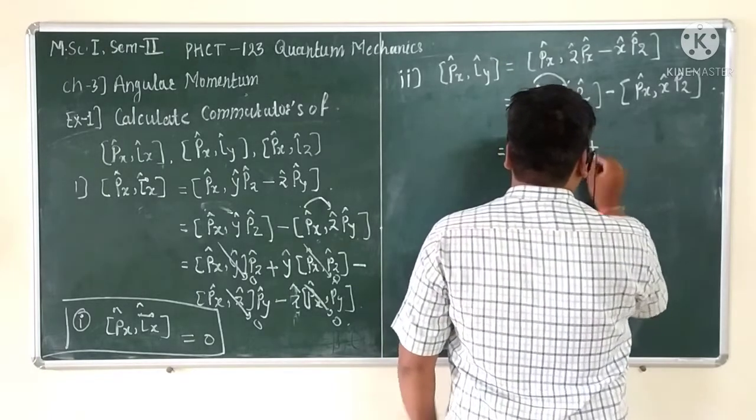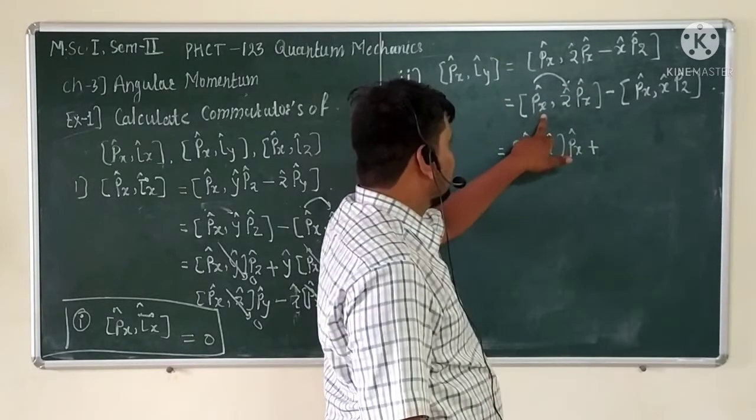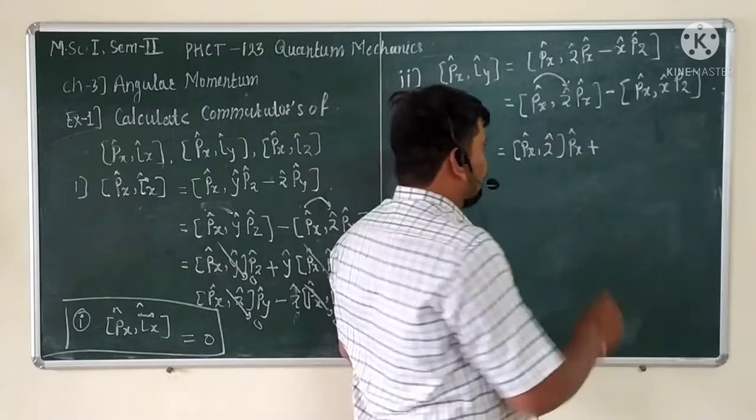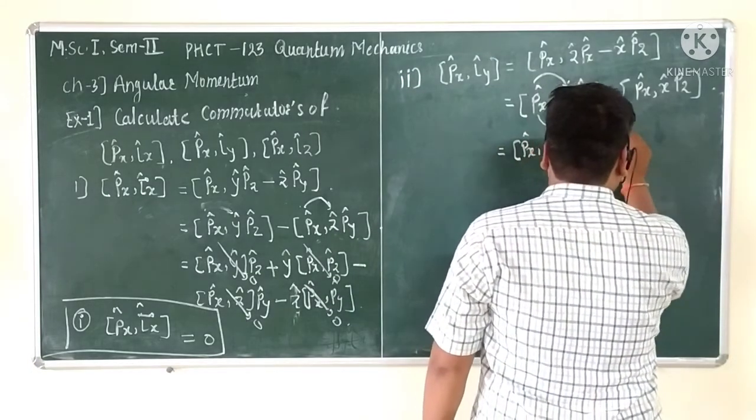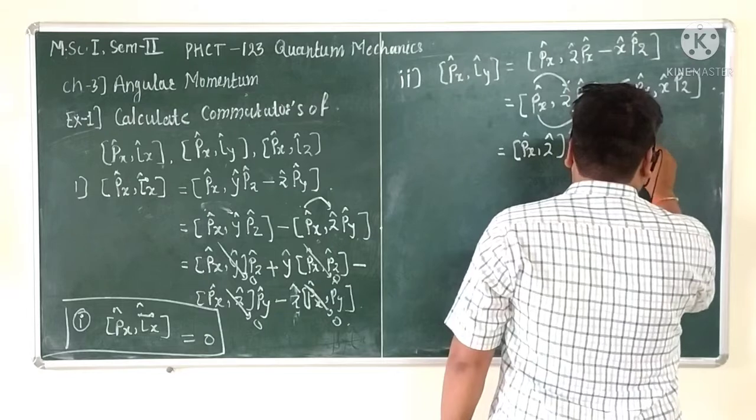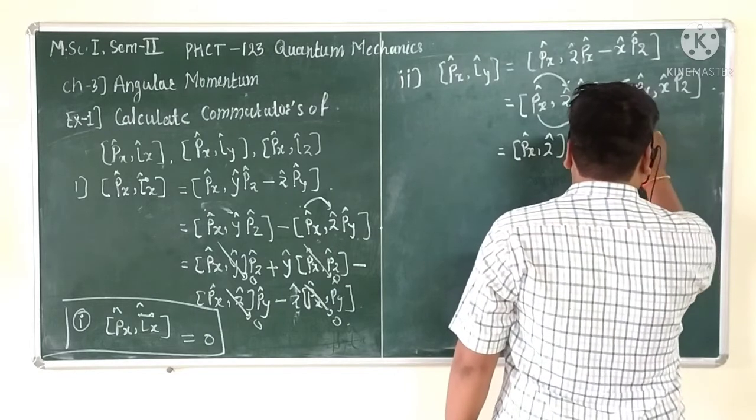Again plus sign: px cap commutes with px cap, and z cap is outside, so px cap comma px cap.